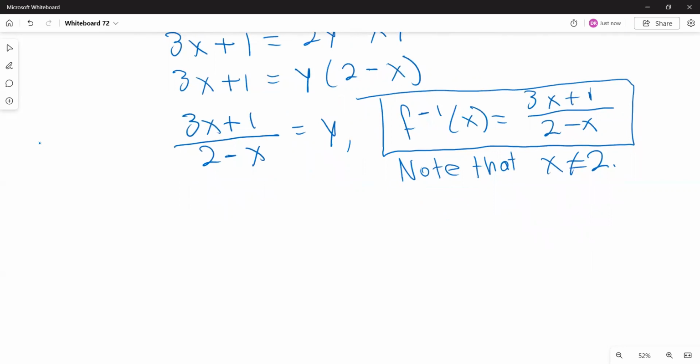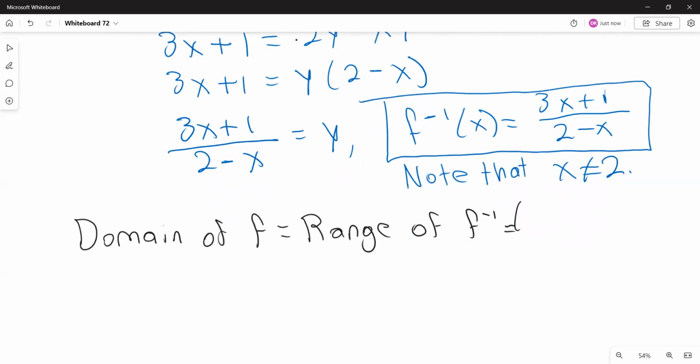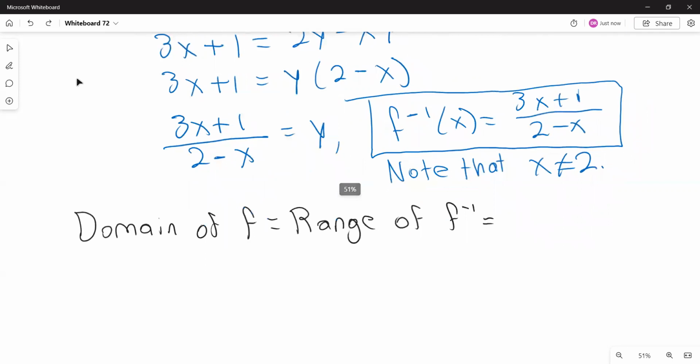Okay, so last thing, the domain and range. The domain of f is equal to the range of f inverse. This is -infinity to -3 union -3 to infinity.